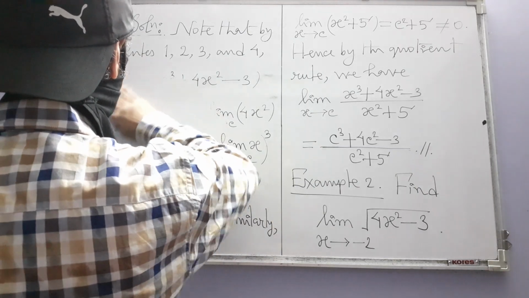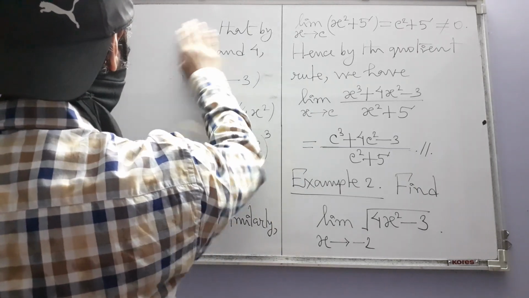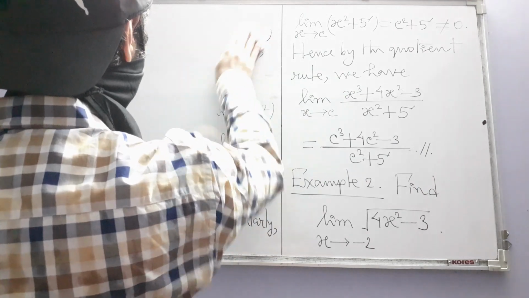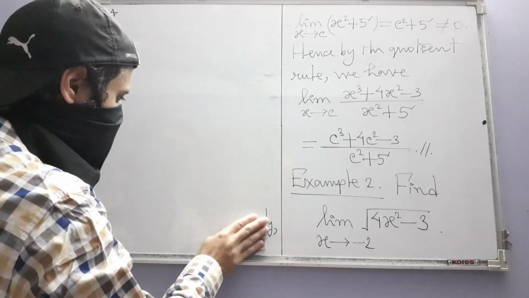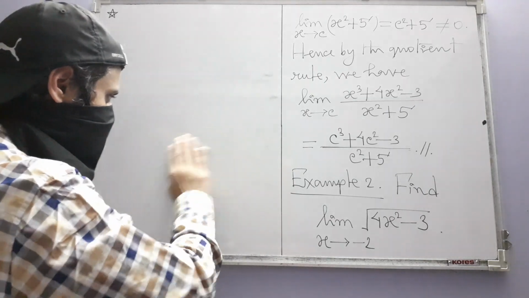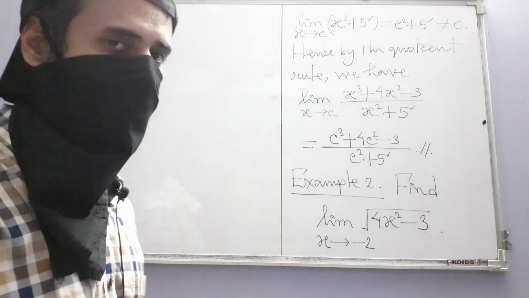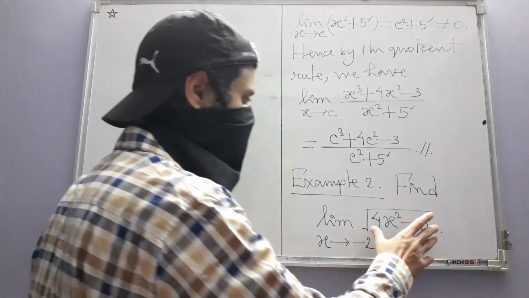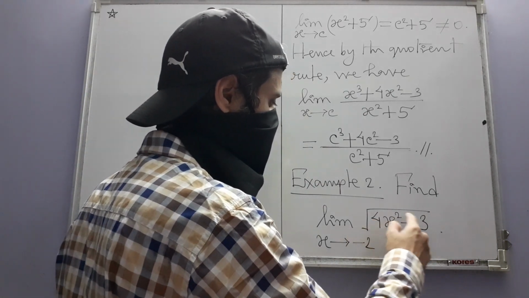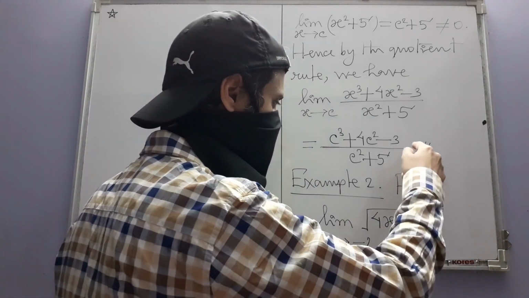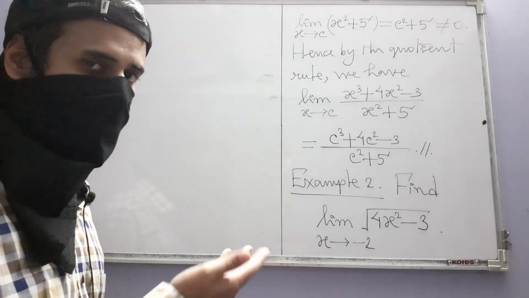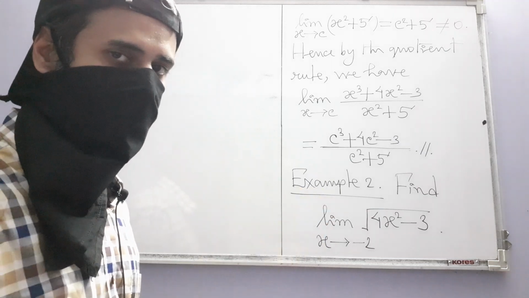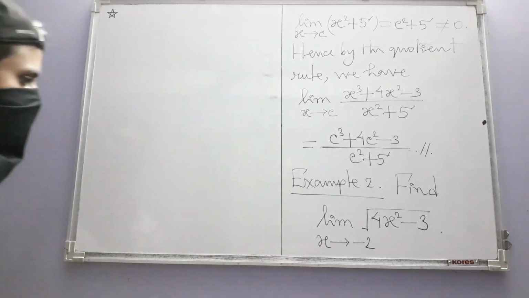Primarily, what should we do first of all? What to do about the radical? The radical is actually nothing but a power, right? So it is nothing but 4x square minus 3 to the power 1 over 2. So it is again in that form, f of x to the power n over m. So that's it.